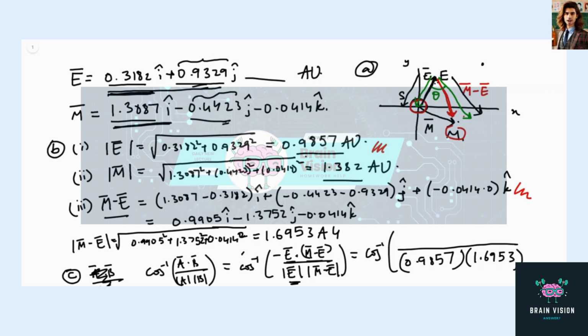And now we do minus E dot M minus E. First of all, let's write down minus E. Minus E is equal to minus 0.3182 i hat minus 0.9329 j hat.